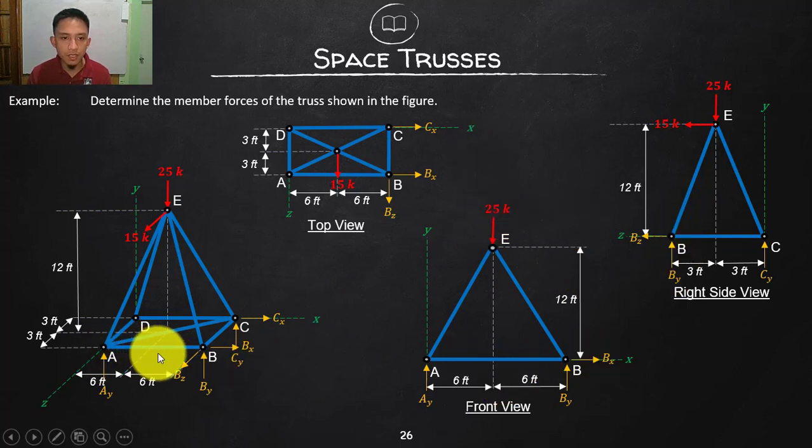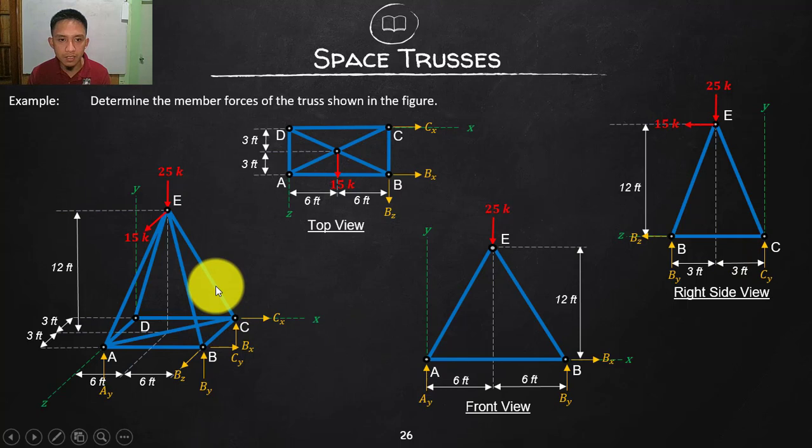Then we need to have a view on the other side so that we can complete the 3 dimensions. We will consider the positive of X, so that is the right side view. It is the same as the front view, only that the dimension is a little bit different. This time we are looking on the narrower dimension, the 3 meter from the center.